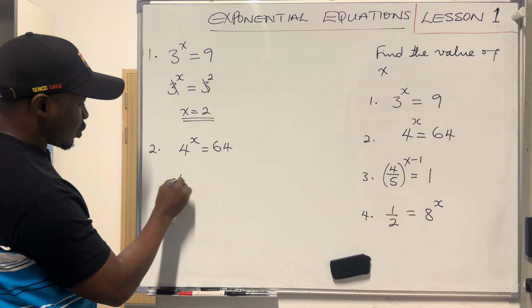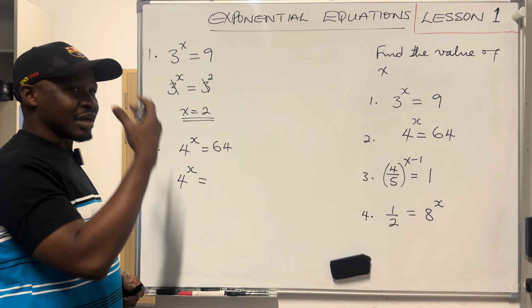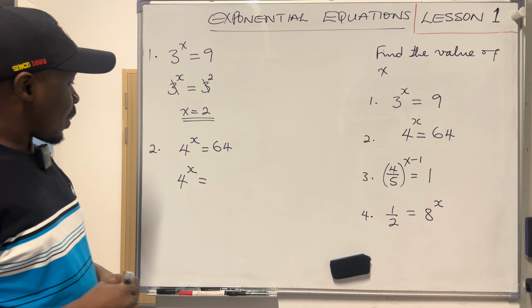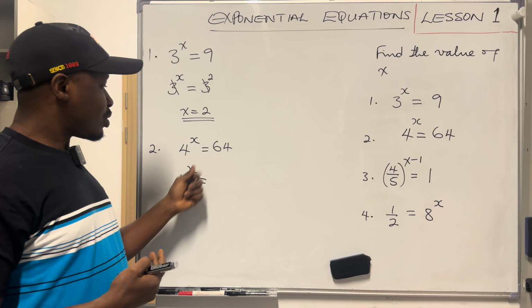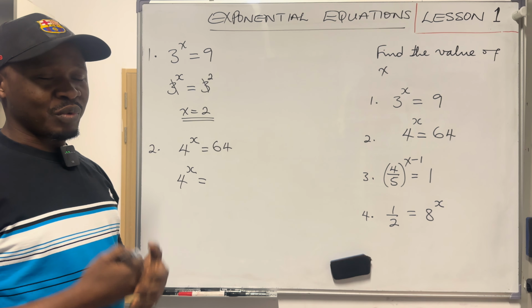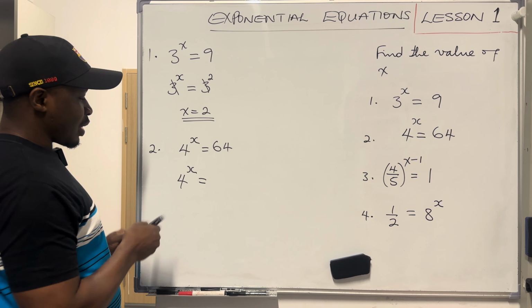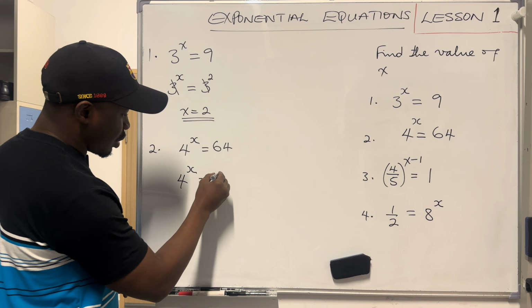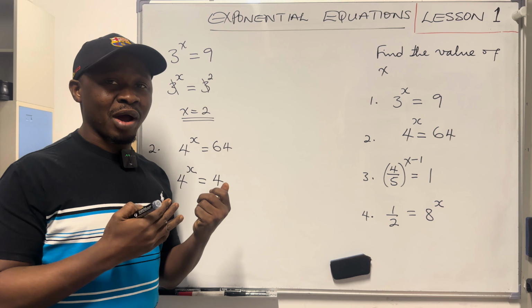So here is 4 to the power x. Which number can we use as a power of 4 so that we can get 64? Since we want the two bases to be the same, this is base 4. So what number do we use here as a power?